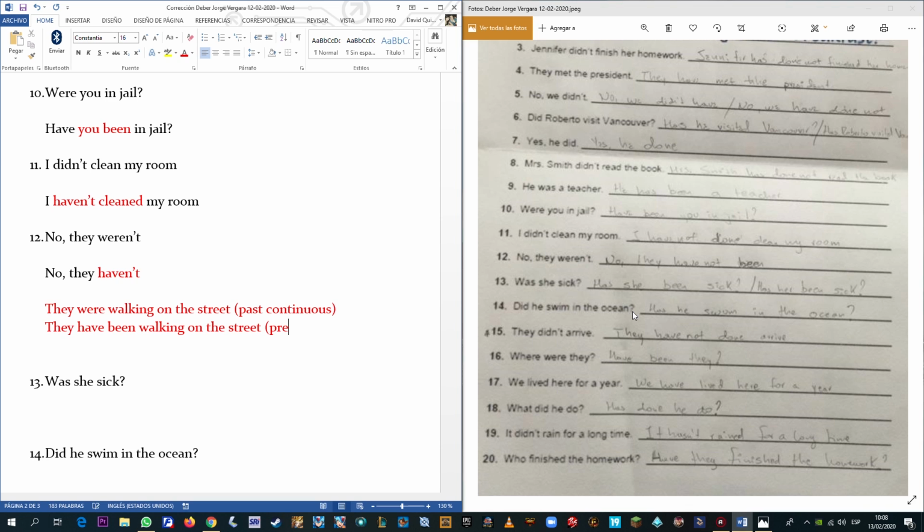And that would be a present perfect continuous sentence. We have to keep the continuous form. Okay? That could be the origin of that answer, because if we change it to a question, the first would be, were they walking on the street? Were they walking on the street? No, they weren't.